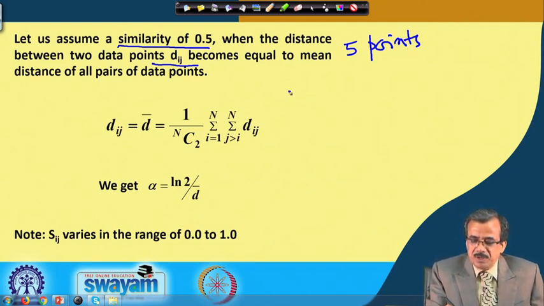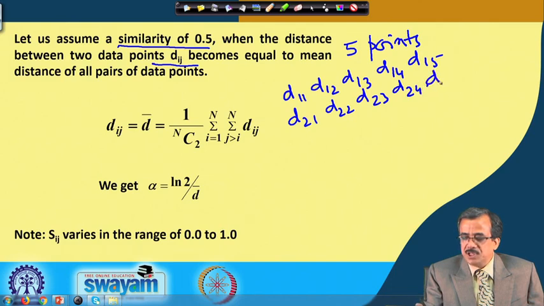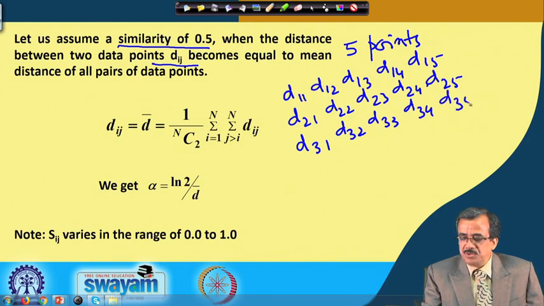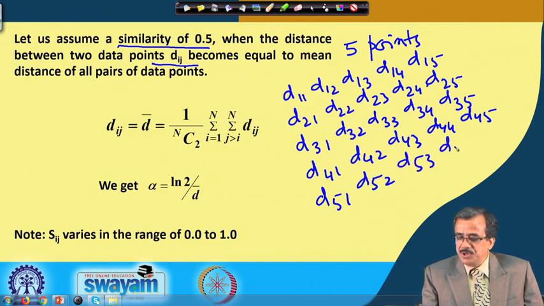The distance could be d 11, then comes d 12, d 13, d 14, d 15, then the distance between 2 and 1, 2 and 2, then comes d 23, d 24, d 25, then comes d 31, d 32, d 33, d 34, d 35, then d 41, d 42, d 43, d 44, d 45, then d 51, d 52, d 53, d 54, and d 55.